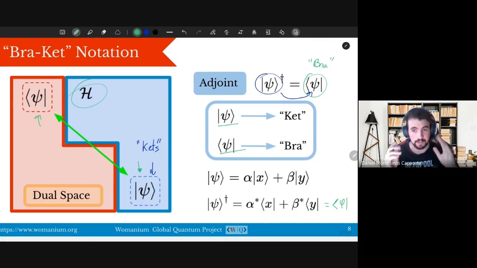An important thing is that when you apply the adjoint operator, you have to apply the complex conjugate to your complex numbers. Let's take that as a property of the adjoint operation.